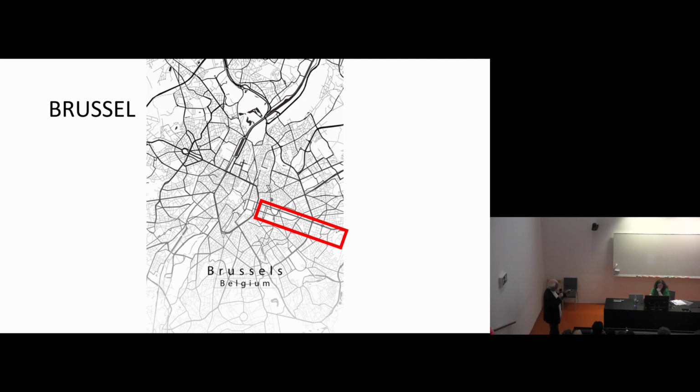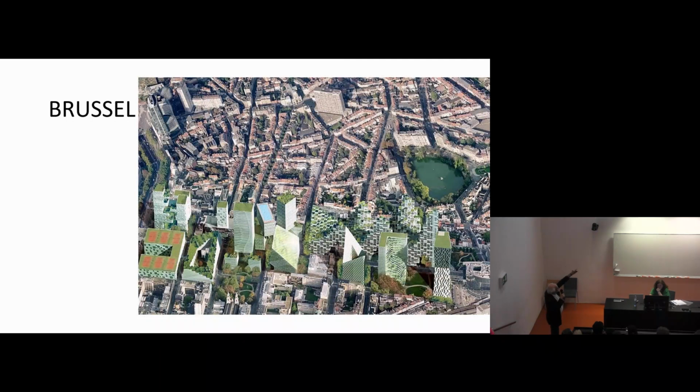In Brussels, for example, this is the historical center, and all European institutions are developed in such a strip, which was formerly royal gardens.